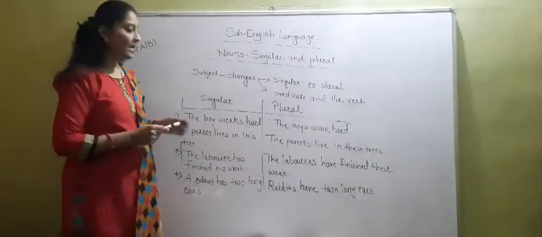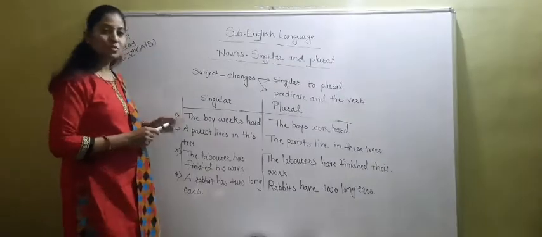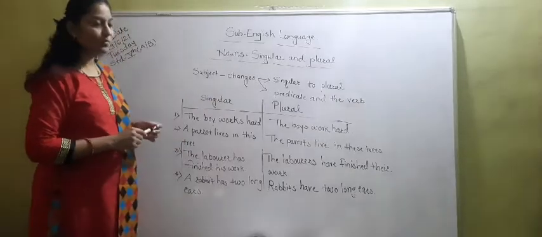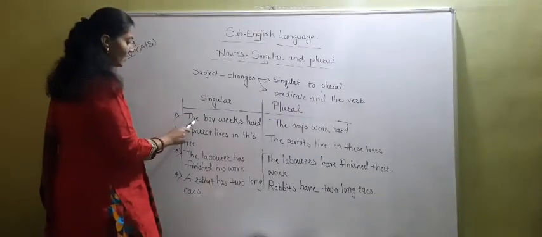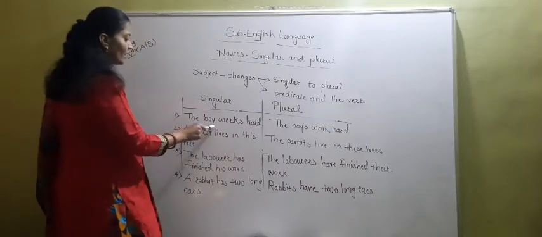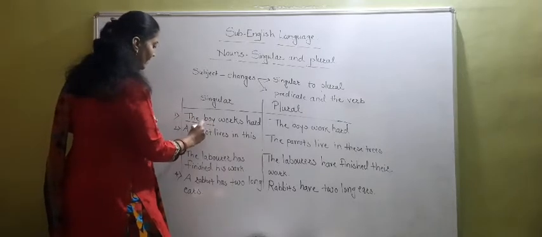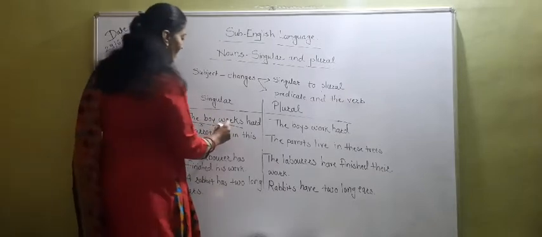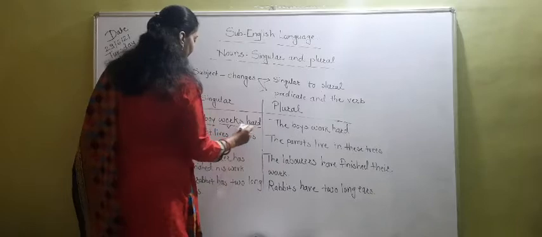Now I just want to explain it to you with some examples. Now see, I have made two columns, singular and plural. Now one by one we will see. The first sentence is: the boy works hard. Here the boy is the subject, okay, and works is the verb and hard is the object.